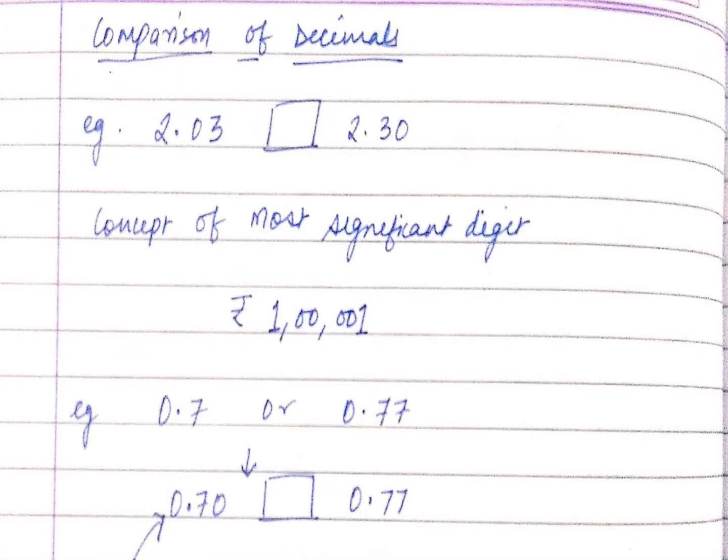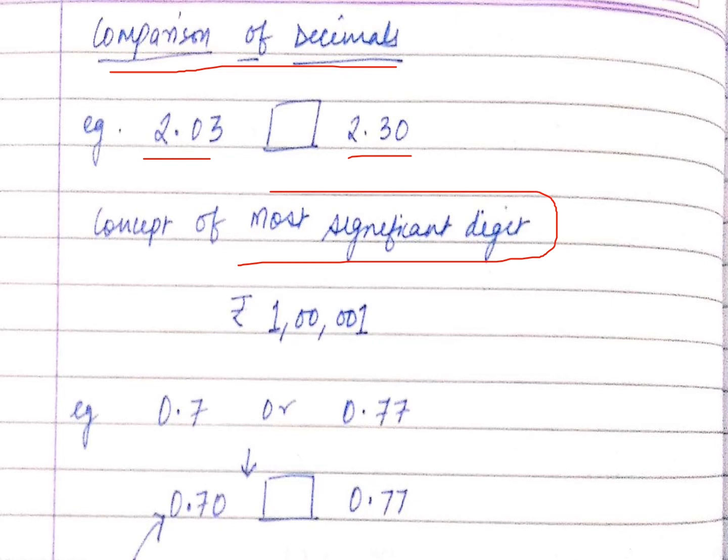Now comparison of decimals. As we have done comparison of fractions, so we are doing comparison of decimals also. Suppose you have these two numbers, 2.03 and 2.30. What do you think? Which number is larger, which number is smaller? To understand such things, we need to understand the concept of most significant digit. Now what is this most significant digit?